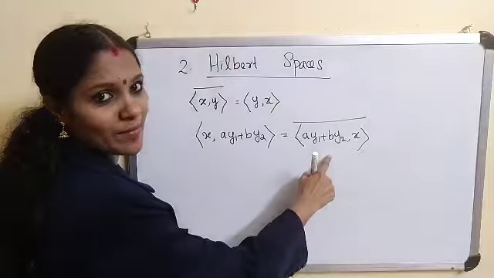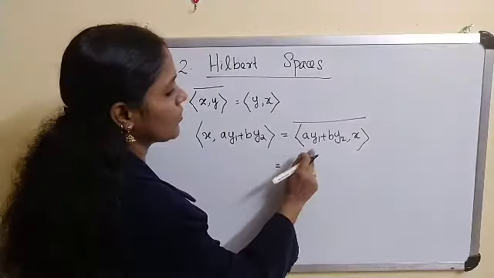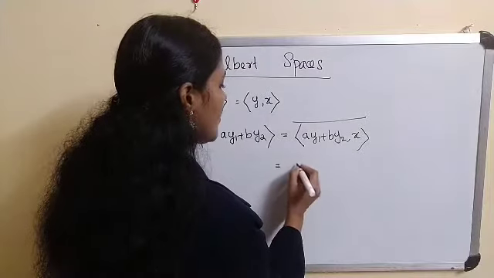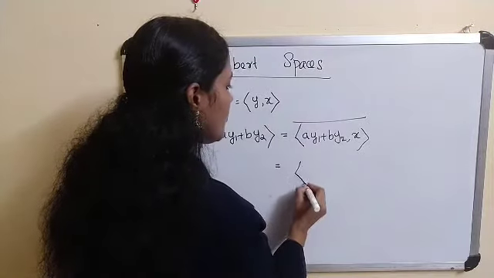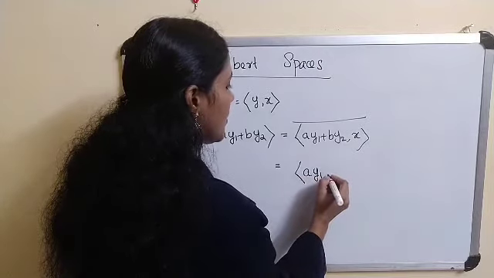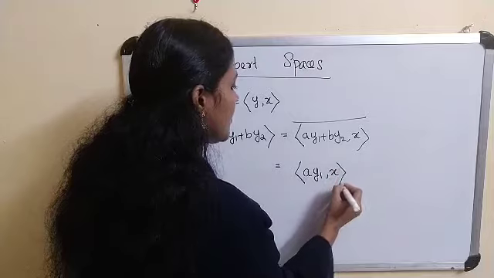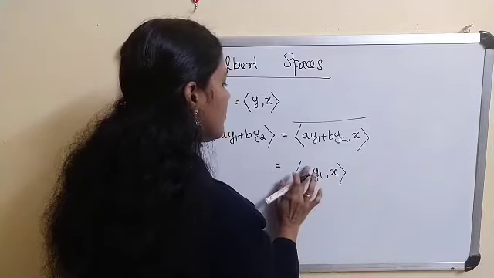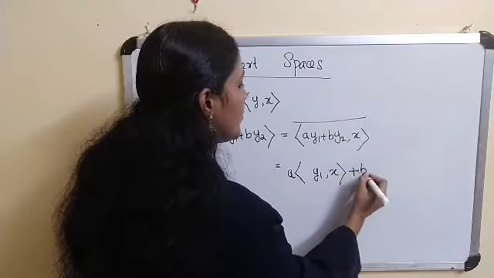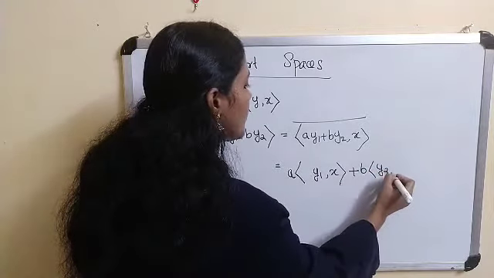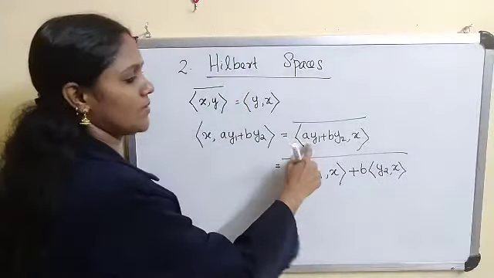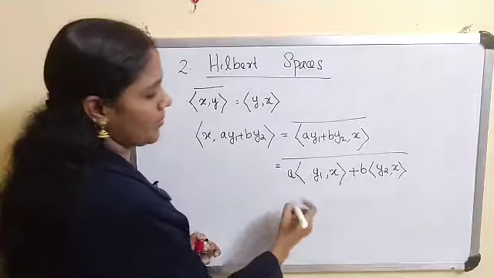This is a complex number, and using the linearity property, this equals the conjugate of a (y1, x) plus b (y2, x). This equals a conjugate times the conjugate of (y1, x) plus b conjugate times the conjugate of (y2, x).